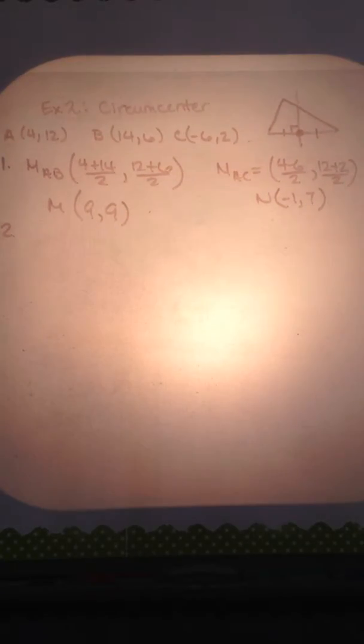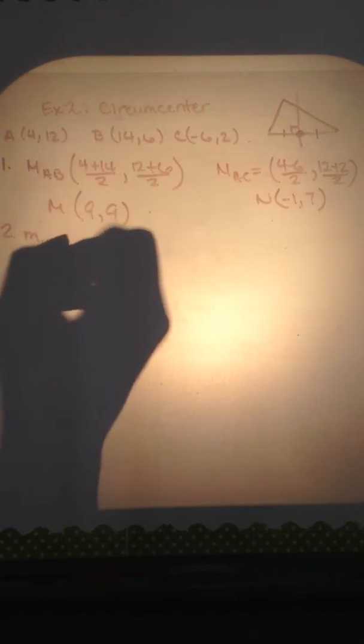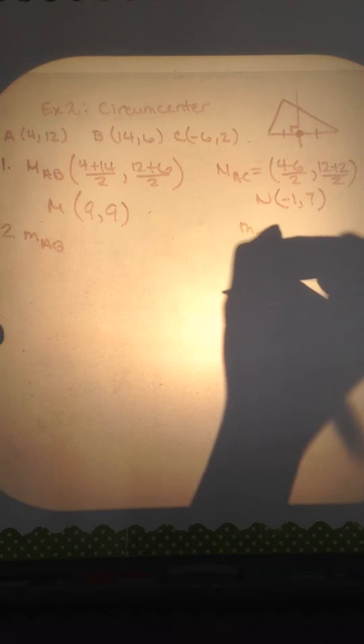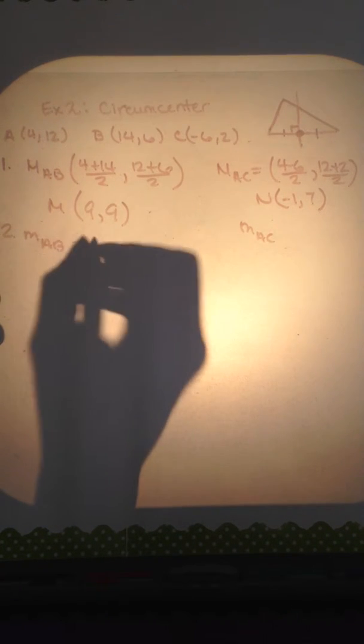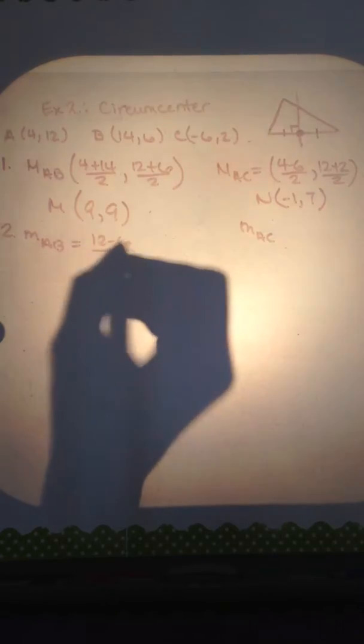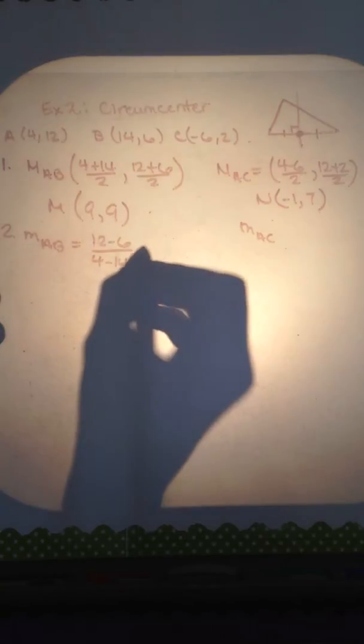Step 2 says to find the slope of the same side. So I want to find the slope of AB and the slope of AC. For AB, I subtract my y's, 12 minus 6 over 4 minus 14. Make sure you keep them in the correct order.